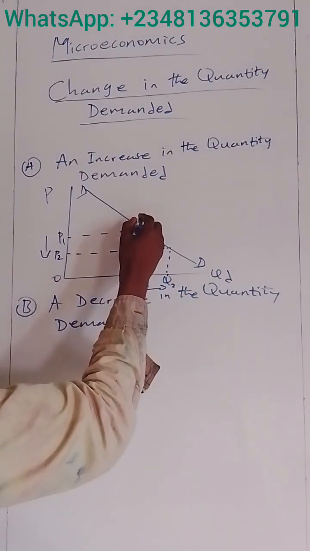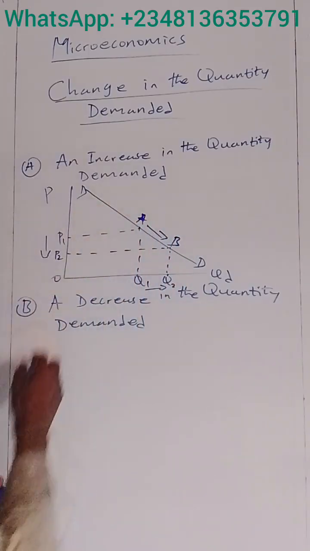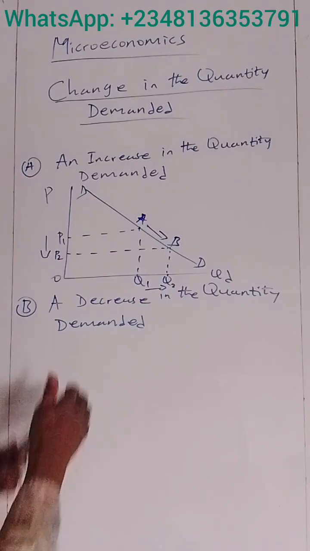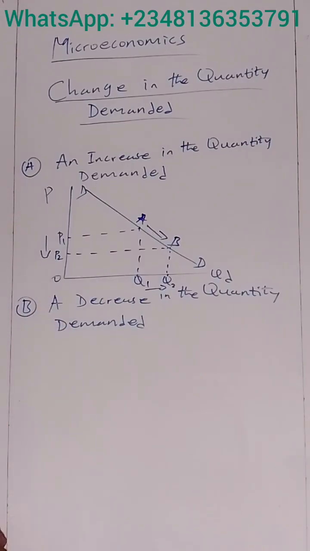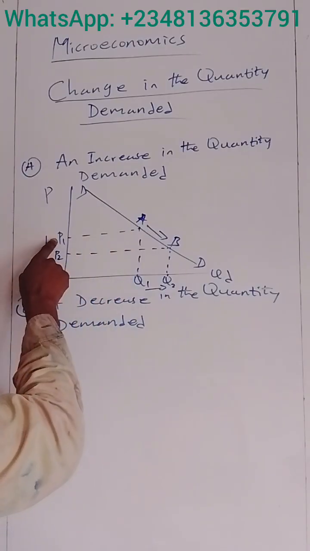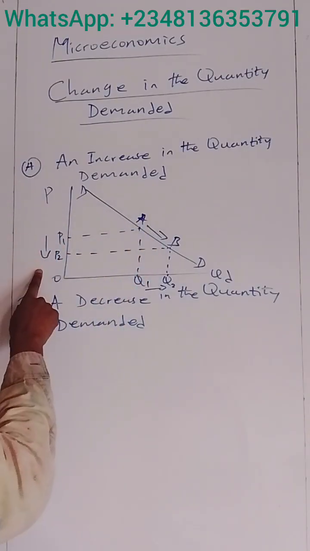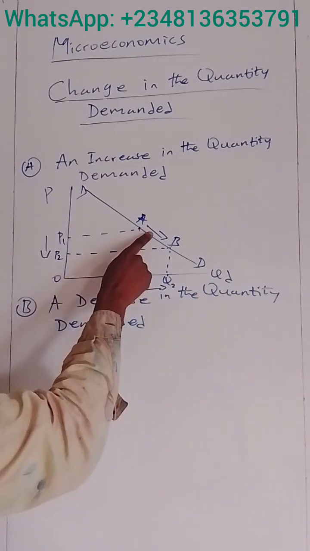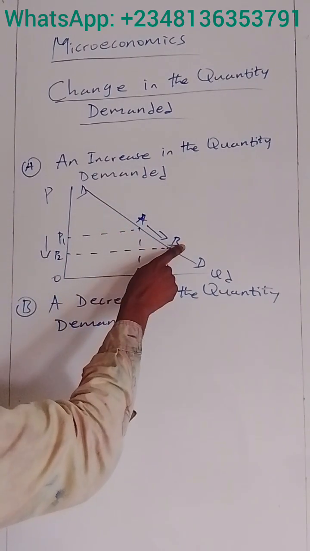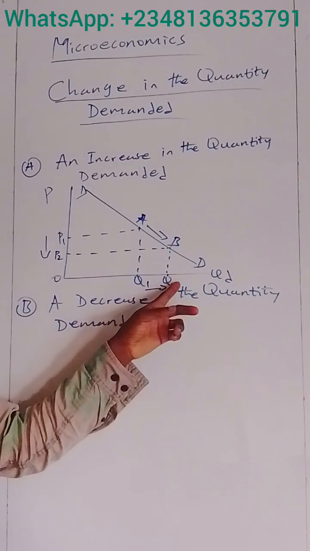Okay, summarily, let's say we have point A, we have point B. There's a movement along the same demand curve, from one point to another. For example, the initial price is P1 and that is point A. When there is a fall in the price to P2, there is a movement from point A on this same demand curve to point B, and we now have a new quantity demanded.